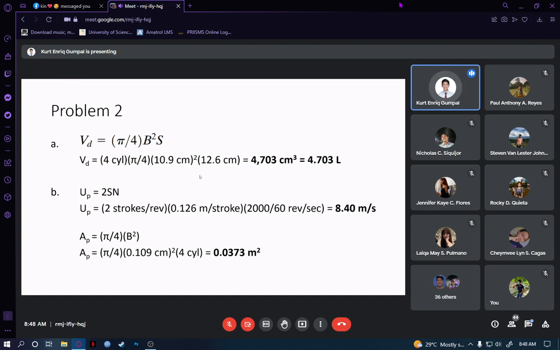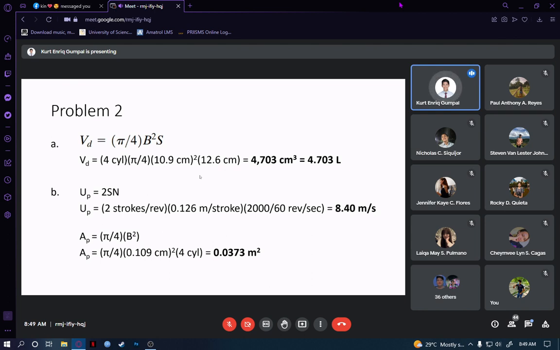Okay? For you to get your brake mean effective pressure, first you need to get your piston displacement speed or your engine linear speed. For you to get your engine speed, you have to use the formula speed is equivalent to 2Sn. What is 2Sn? 2 is the number of strokes. Okay? If upat na siya, then it's 4. Your S is the length of your stroke.